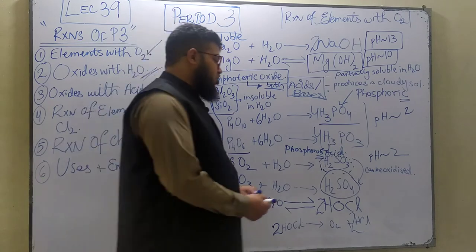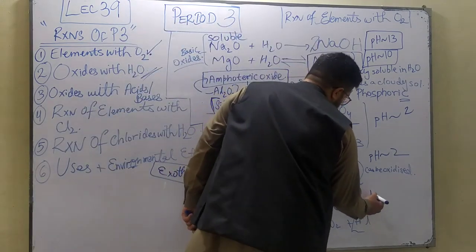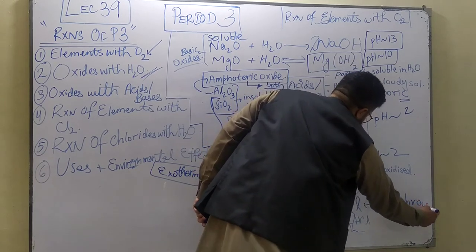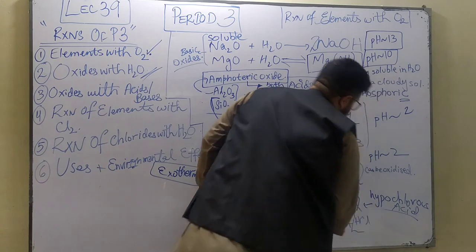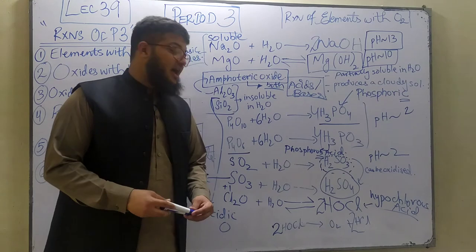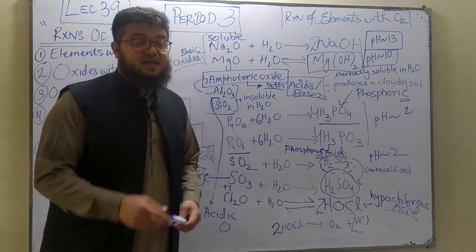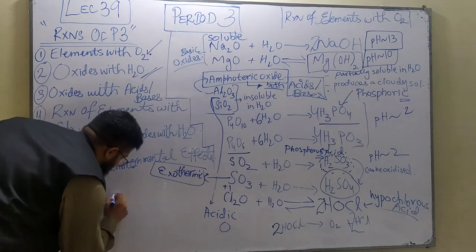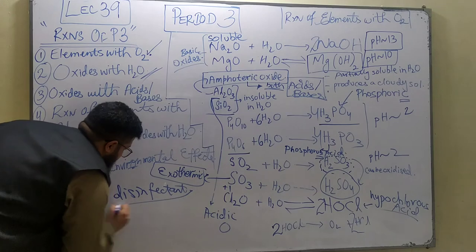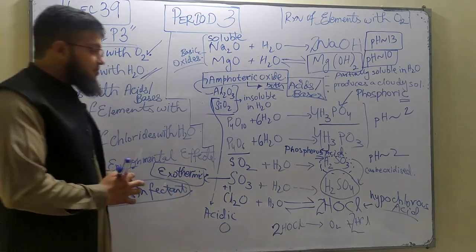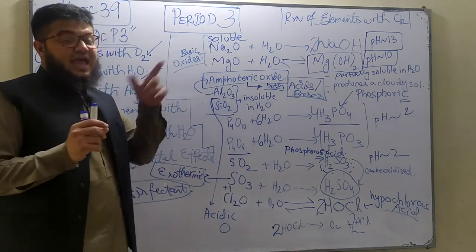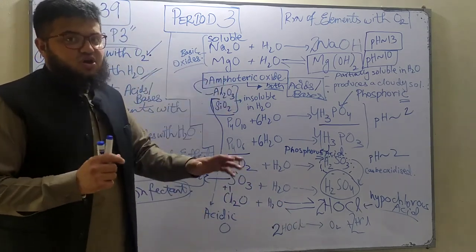HOCl is known as hypochlorous acid. What's the significance of hypochlorous acid? This hypochlorous acid is the acid which is used as a disinfectant in swimming pools. The chlorination basically is done by HOCl, this compound of chlorine. Chlorine is added to drinking water as a disinfectant as well, to kill the germs.